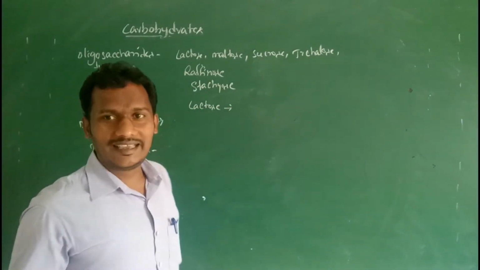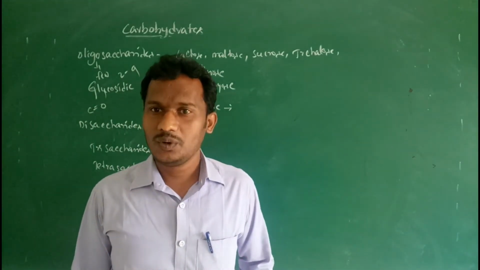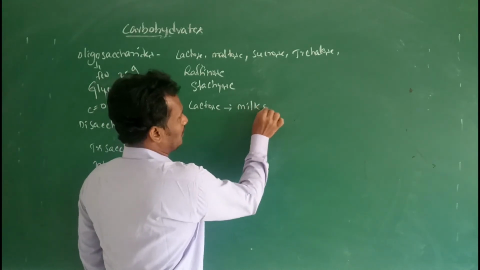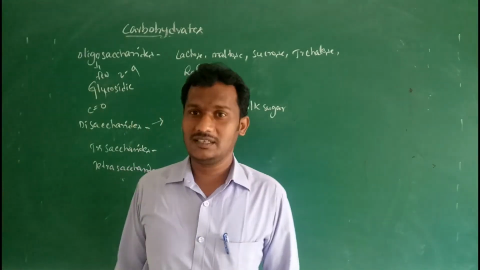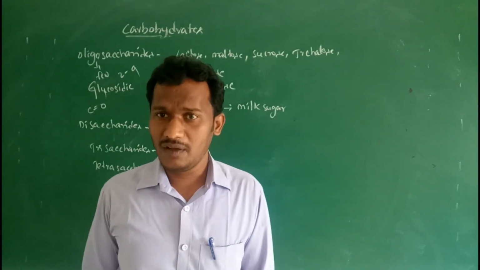So first, lactose. Lactose is a disaccharide, that means two monosaccharide units are present. This is also known as milk sugar. This milk sugar is generally present in the milk of mammals.